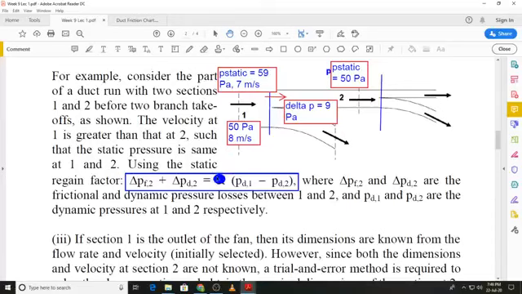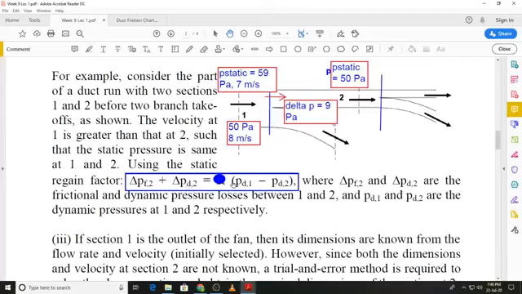And that increase in the static pressure should be equal to the pressure drop in the duct run that we are working with. So that is shown on the left hand side. Delta Pf2 and delta Pd2 are the frictional and dynamic pressure losses.